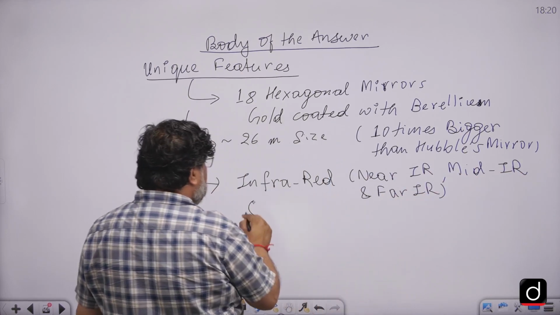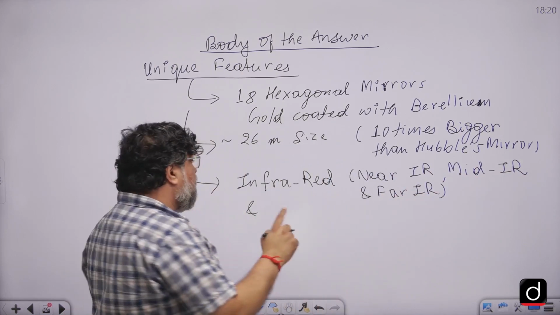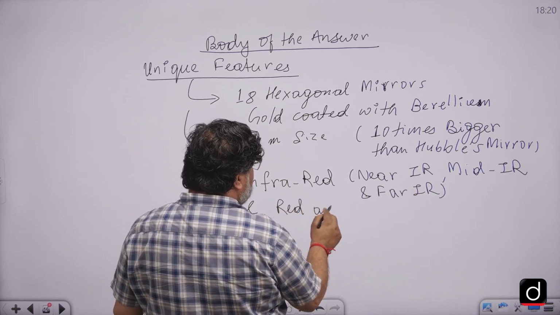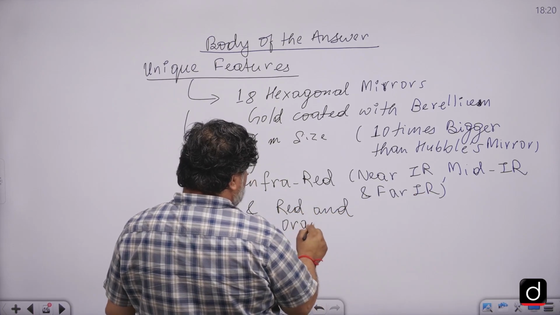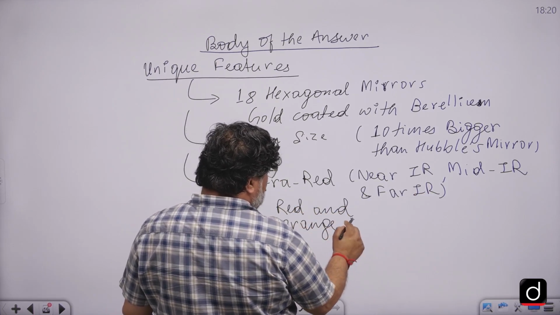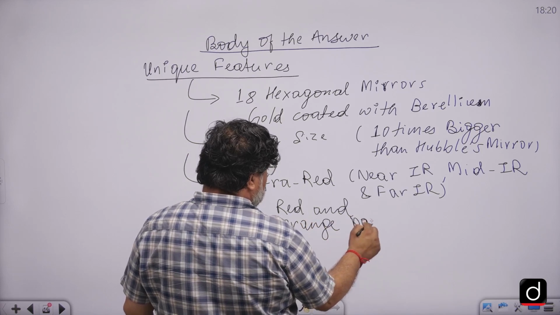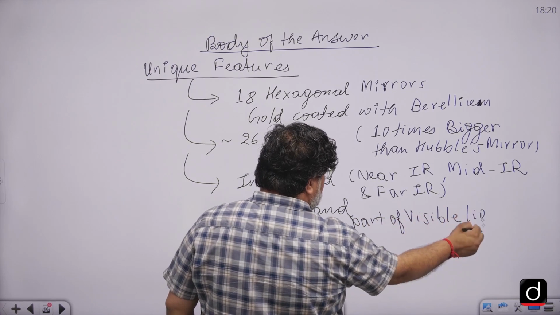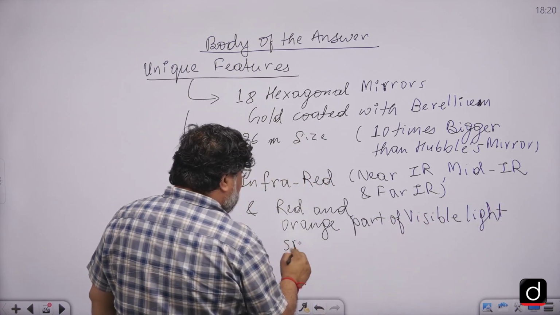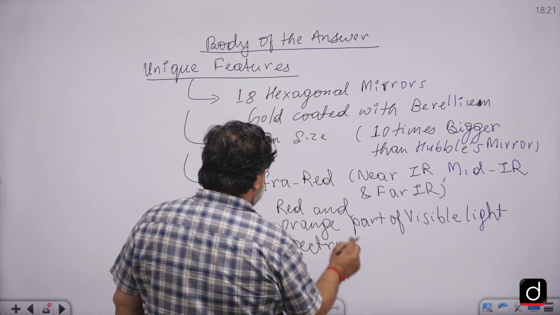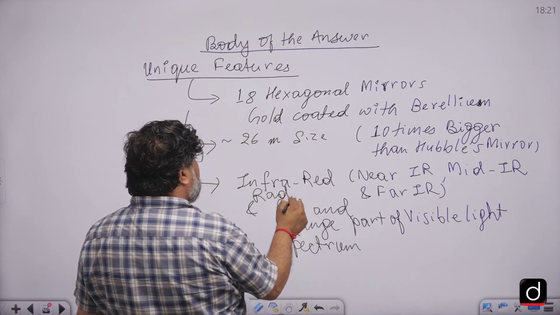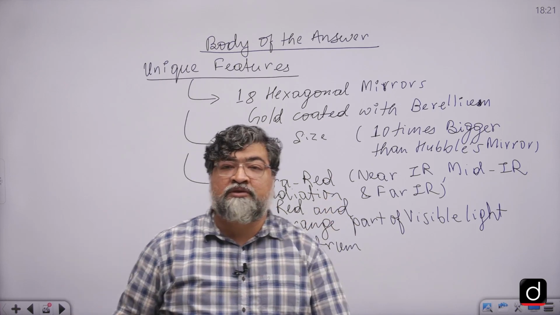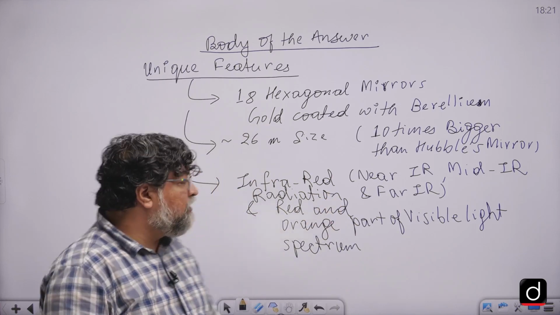And along with this, not only infrared, it can also observe in red and orange, that part of the visible light spectrum. Whereas if you compare with Hubble, Hubble also did infrared, but not that much; it was more optical, visible.